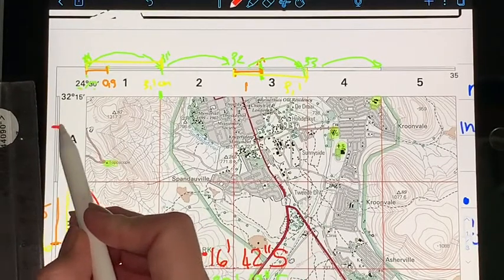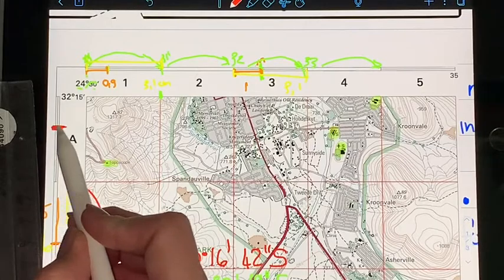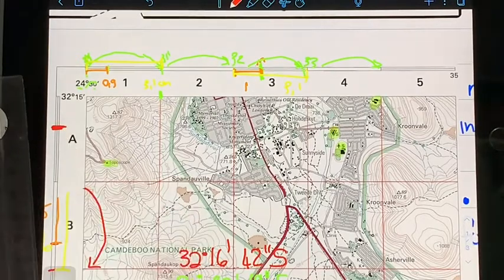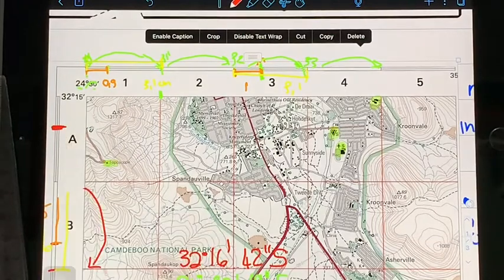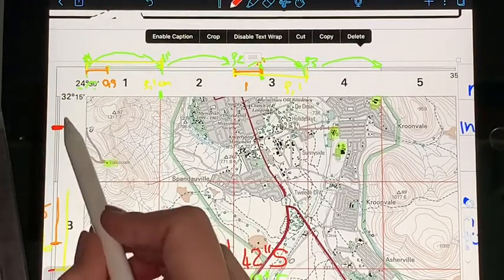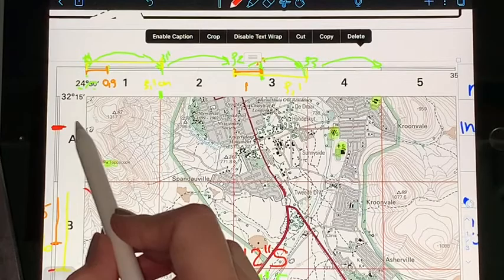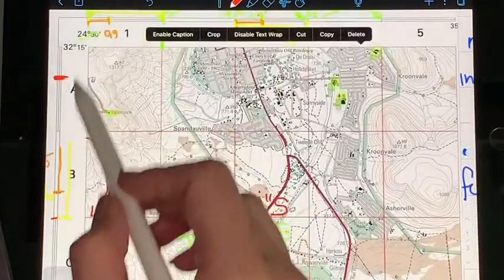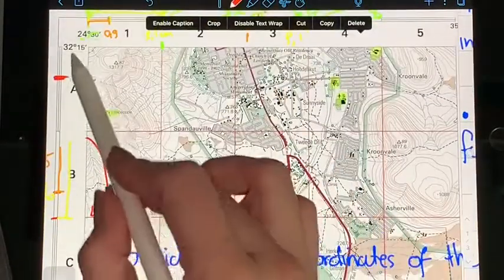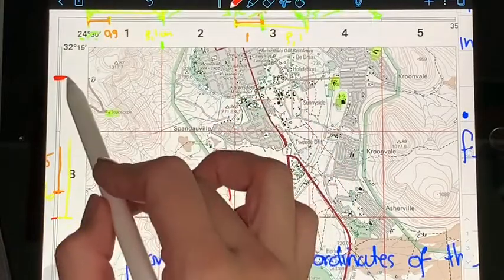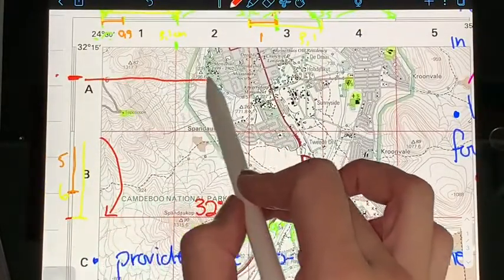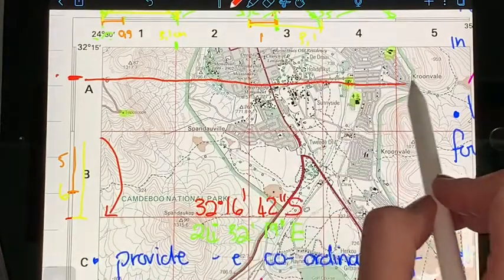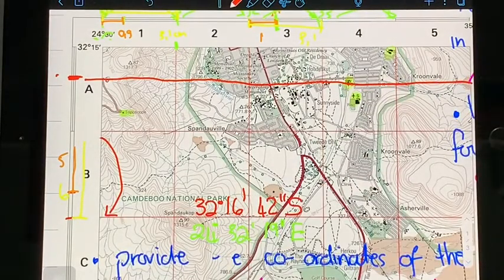And that would allow you to then mark off on the margin the distance from the start of that minute to where the feature actually can be found. And what that means is that anywhere along that actual latitude line is a particular feature that we're trying to look for.